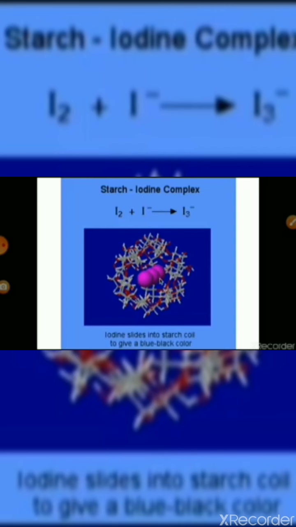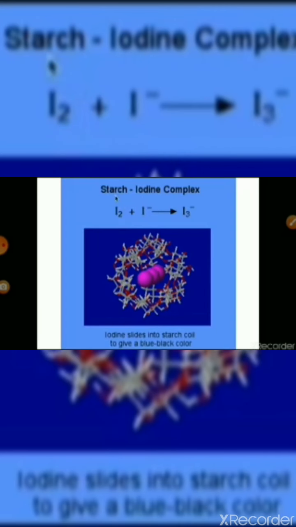Let me tell you that iodine reacts with starch to give a complex dark blue or blue-black colored complex. How does it happen? Because iodine solution basically is iodine dissolved in aqueous solution of potassium iodide. And this free iodine combines very easily, very rapidly with these iodide ions to form a negative ion I3, like this.